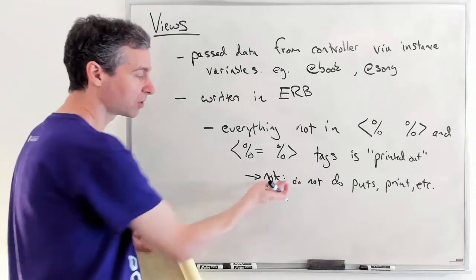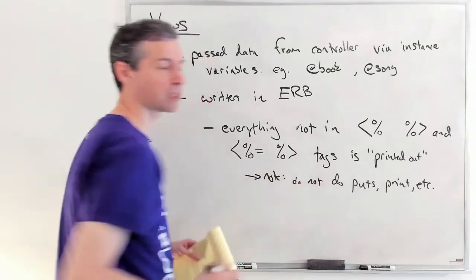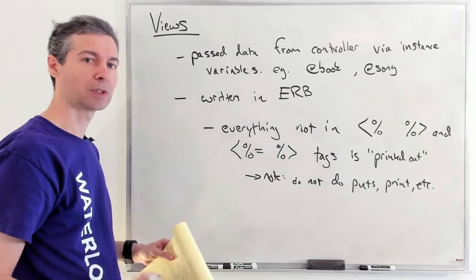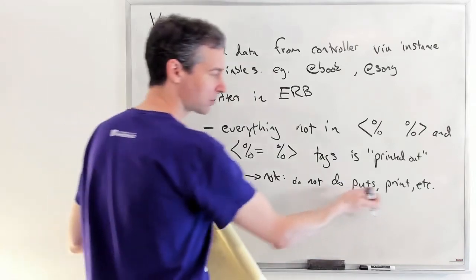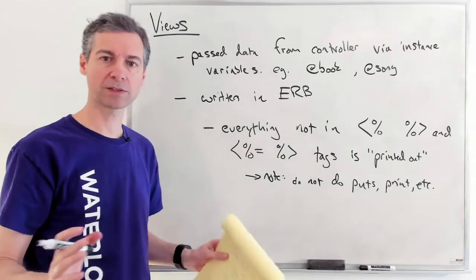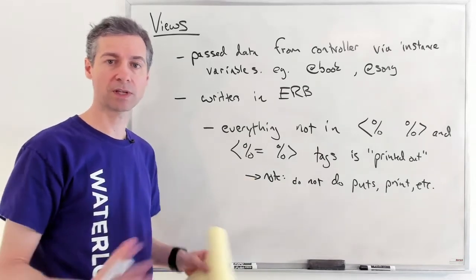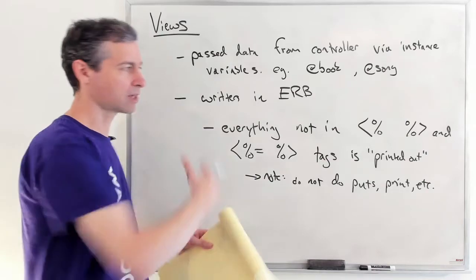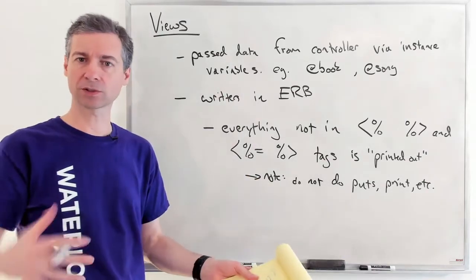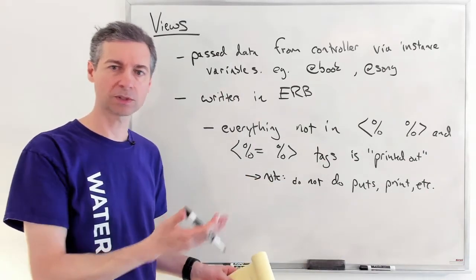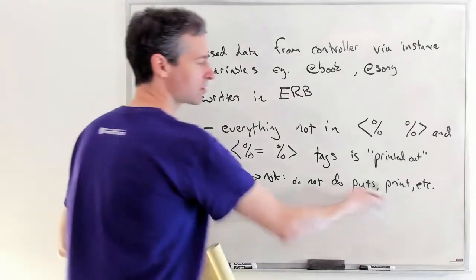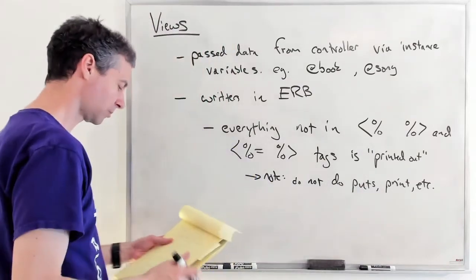But you will never explicitly print anything out in a view. Puts and print are all commands that say, send output to the console, send it to standard output. Well, you're just inside of Rails running. There is no console. You're trying to send data back to the user. So these do not get used in views.